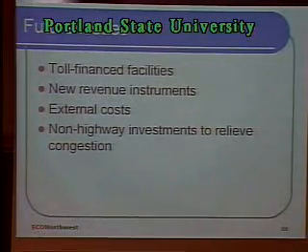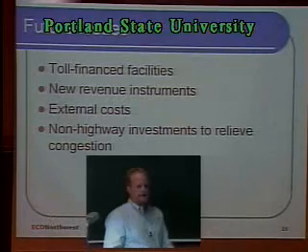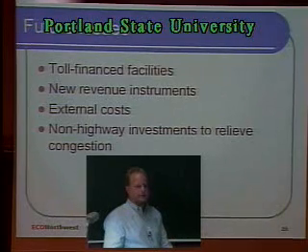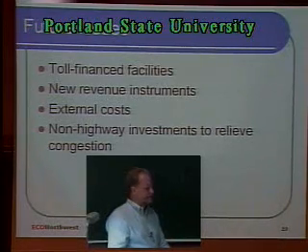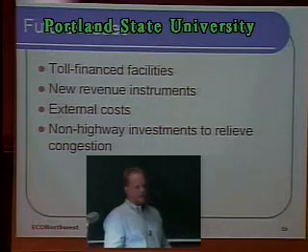Issues that aren't important yet but are likely to become important in future studies are how to allocate the costs of toll-financed facilities. There are proposals for some of those, including some work on Highway 217 that may be toll-financed. New revenue instruments.